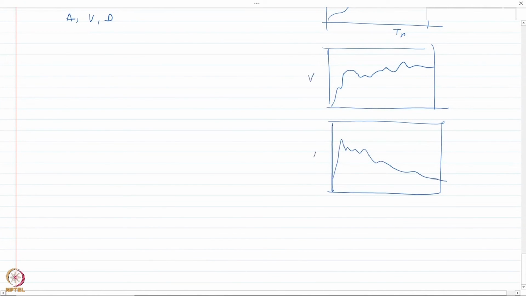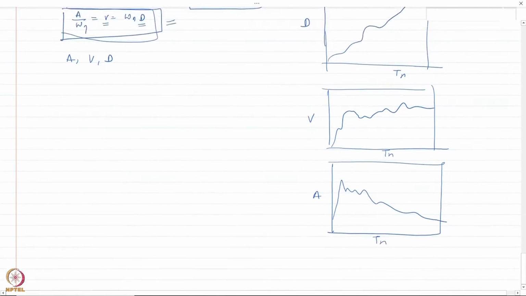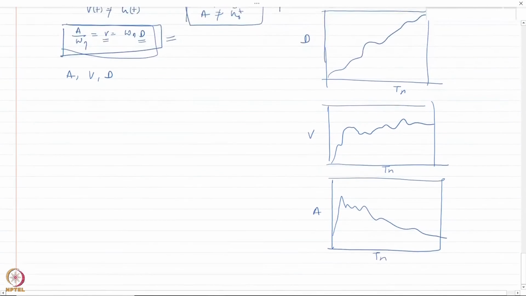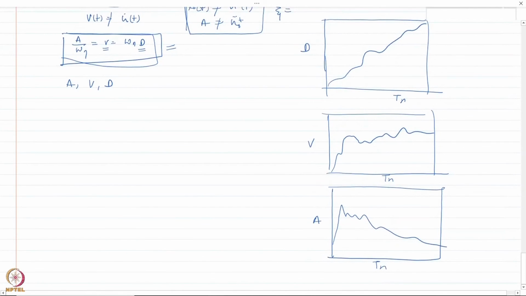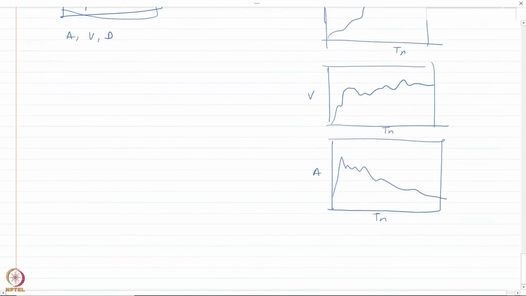So this is V and this is A. The horizontal axis is Tn. Once one of these is obtained, then it becomes very easy for me to find out the peak response in the system, isn't it?